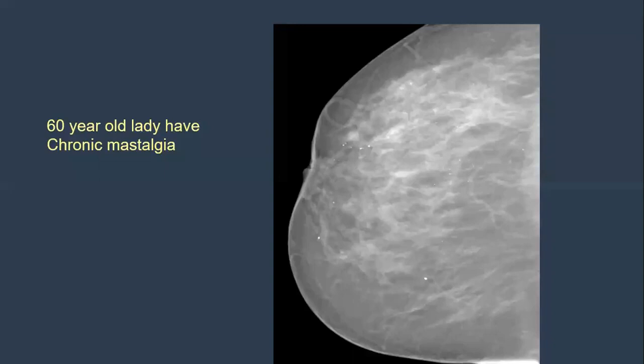Yes, you're right. What else? No breast edema, nothing else. There are calcifications. Yes, okay, these are ductal calcifications.